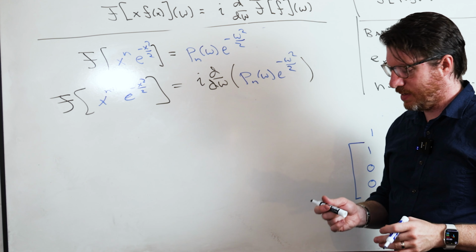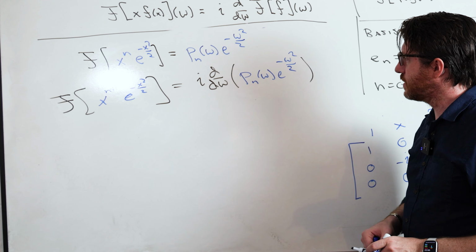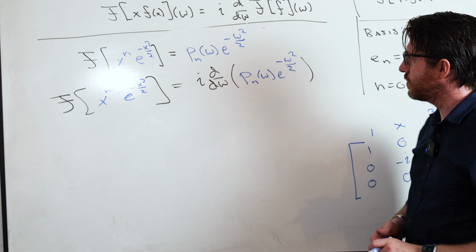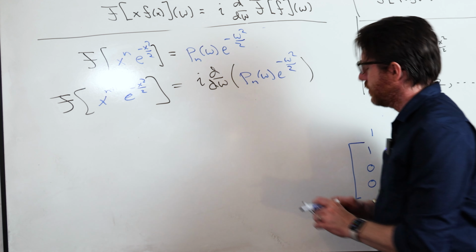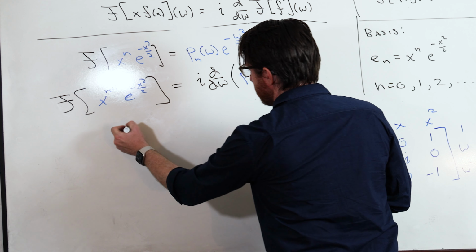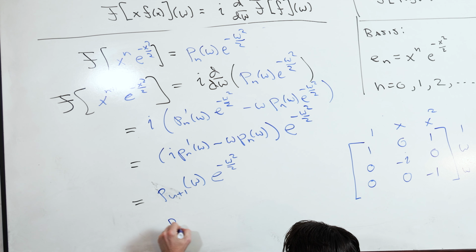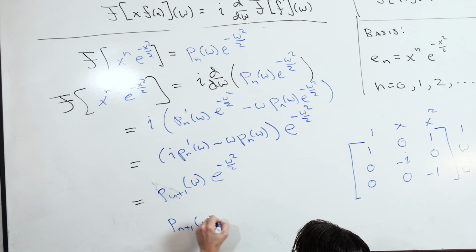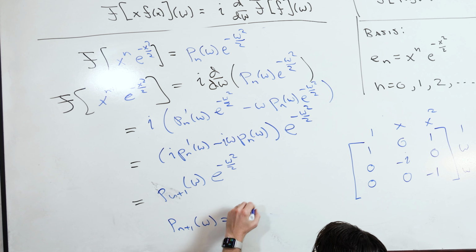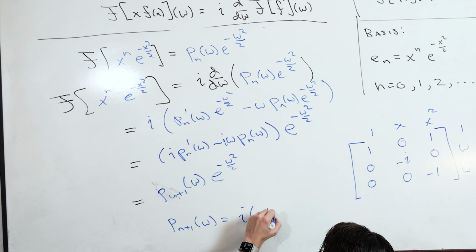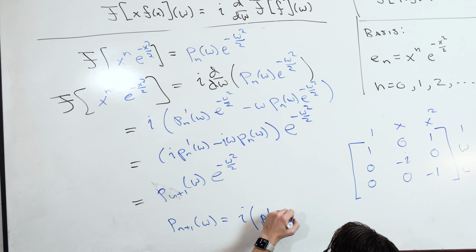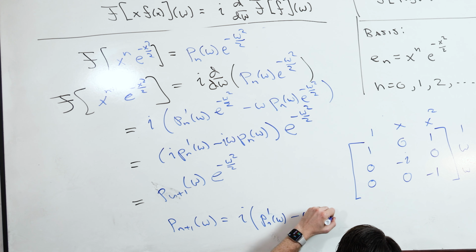So now let's take the derivatives and multiply by i. It's actually not that bad. So this is going to end up giving us that P n plus 1 of w is equal to i times P n prime of w minus w P n of w.